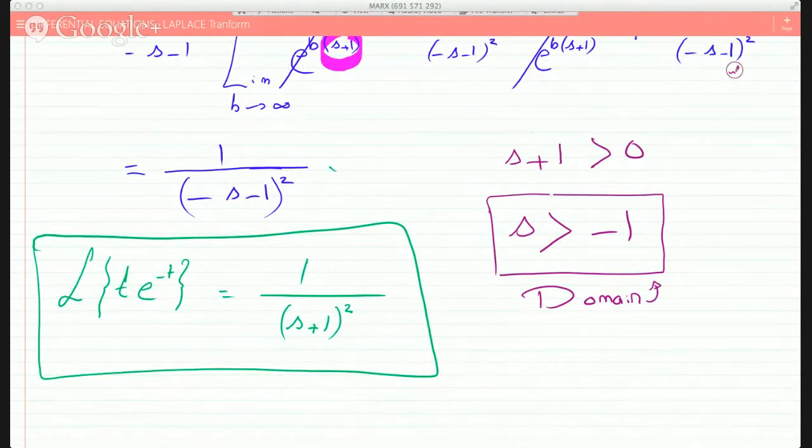So keep that in mind as you use the definition. You have to conduct those limits appropriately so that you get a guaranteed Laplace.